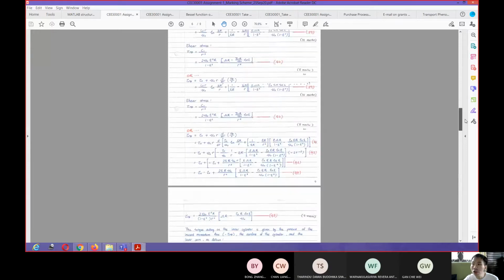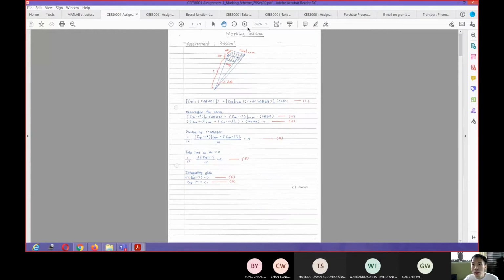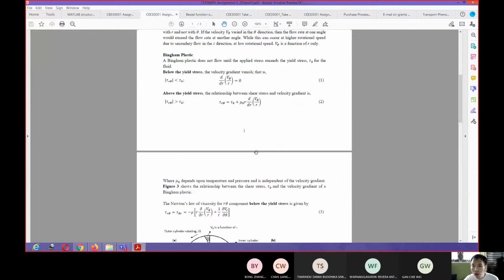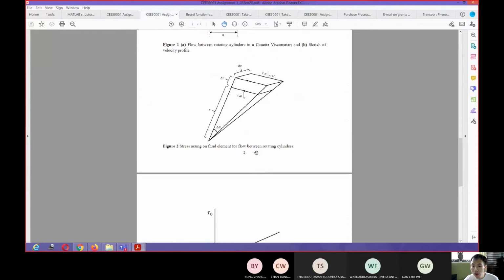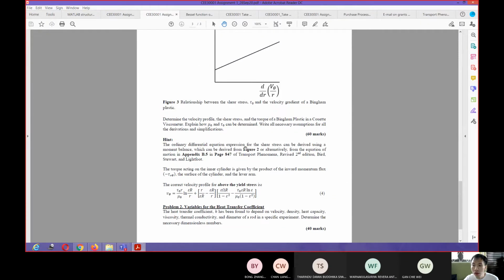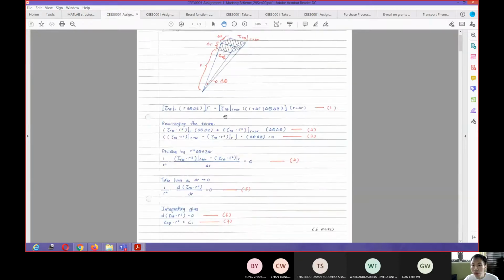The other way is that the ordinary differential equation for the shear stress can be derived using a moment balance. So we can also use a moment balance, and for the moment balance, figure 2 will be useful.